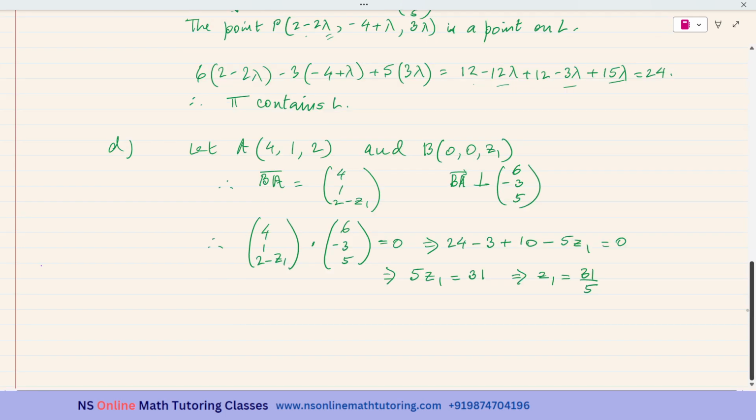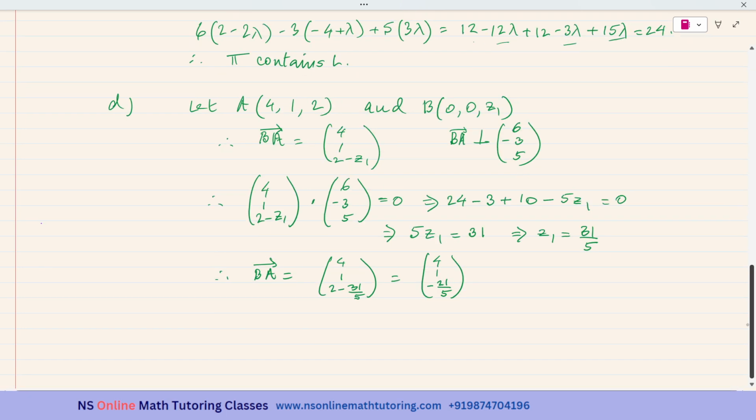Okay. So the direction vector is equal to 4, 1 and 2 minus 31 over 5, which is equal to 4, 1 and this one is 10 over 5, 10 minus 31 is minus 21 over 5.